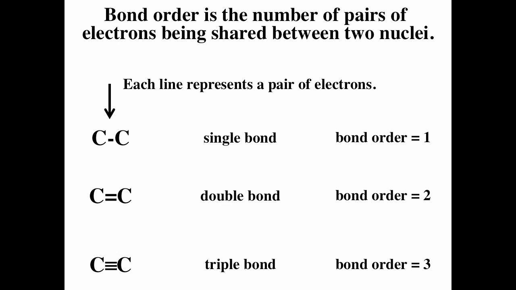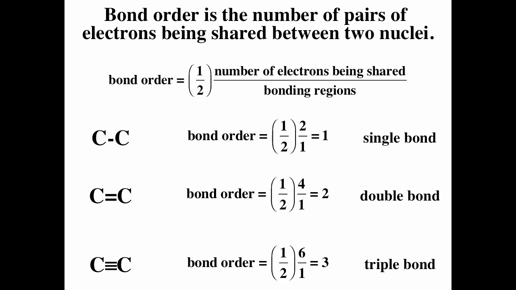Again, bond order is the number of pairs of electrons being shared. If you have a single, double, or triple bond, it's really pretty easy. That corresponds to bond orders 1, 2, and 3. Sometimes things will be a little bit more difficult, and so we want to use an equation to determine bond order. Bond order is equal to 1/2 times the number of electrons being shared divided by the bonding regions.